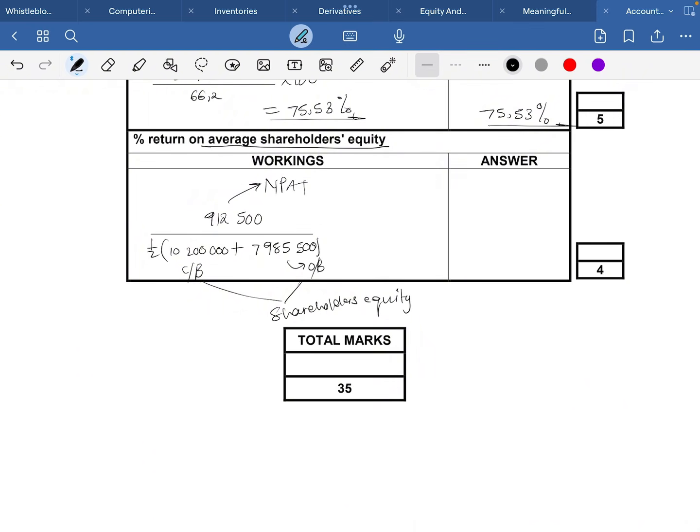Right, so let's quickly do our calculation. We have half of 10,200,000 plus 7,985,500, multiplied by 100, of course, because it's a rate. And then you will get 10.04%.